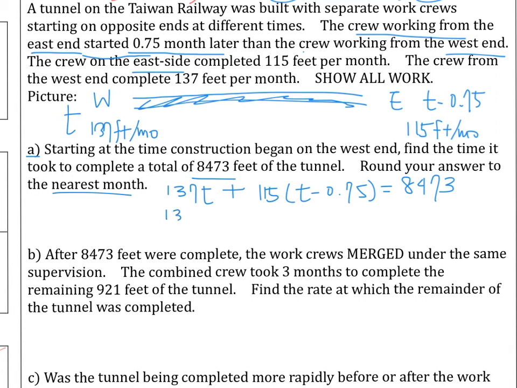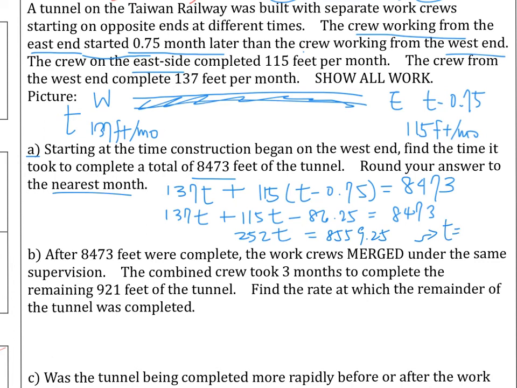And this would be 137T plus 115T minus 86.25, and we're going to let that equal 8473. And then when we continue to simplify this, this will be 252T, and this would equal 8559.25, and T would equal 33.97.